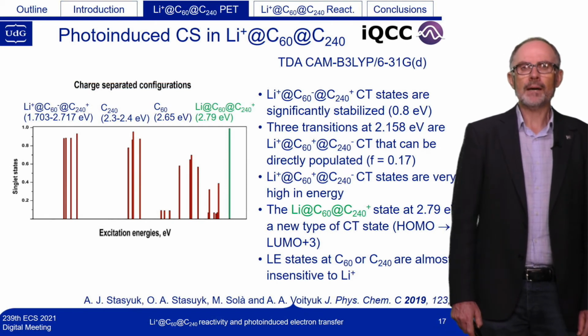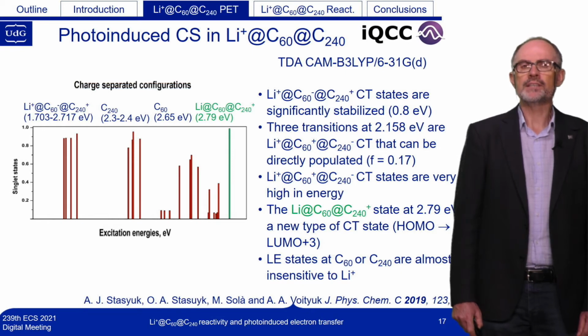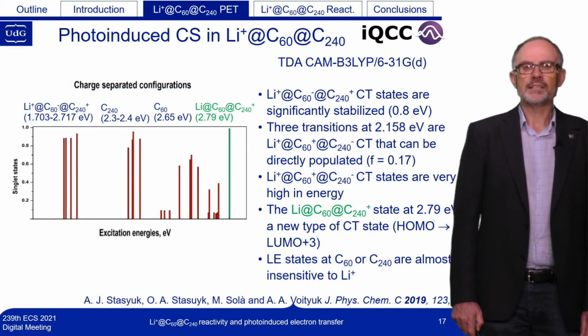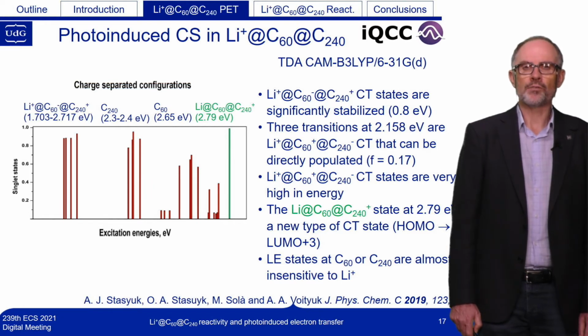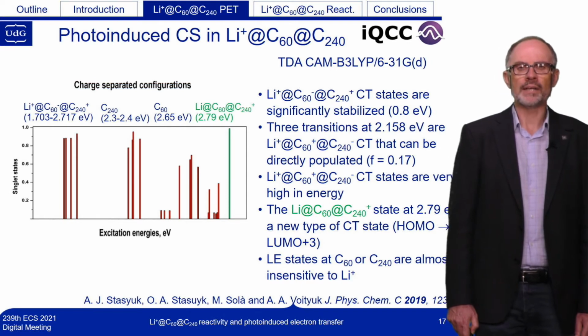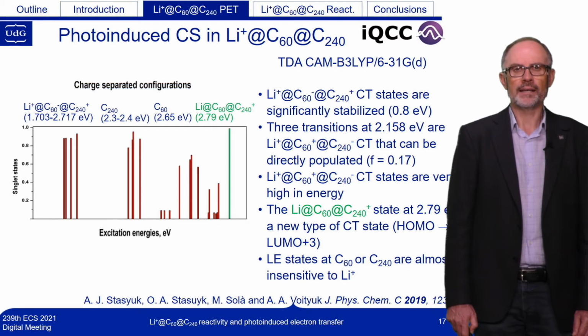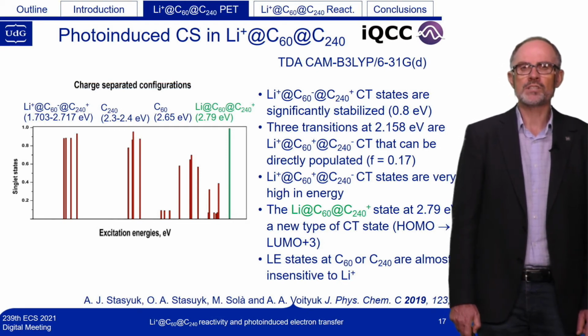And now, what happens when we include a lithium plus cation inside the C60@C240 carbon nanoonion? The main result is that the Li+@C60 minus @C240 plus charge transfer states, with a charge transfer of 0.8-0.9 electrons, are significantly stabilized by about 0.8 electron volts, and they become the lowest singlet excited states at 1.7-2.7 electron volts.